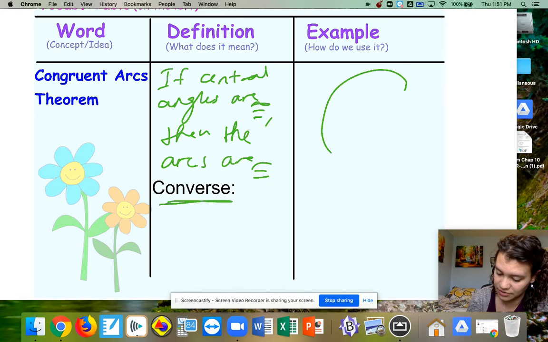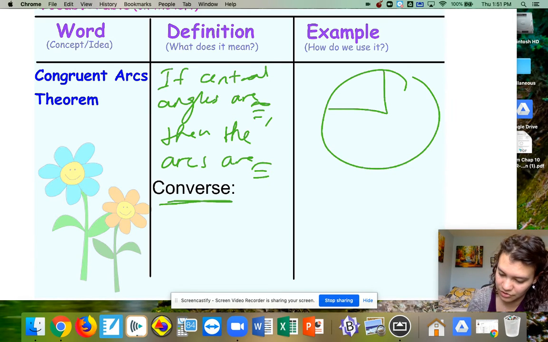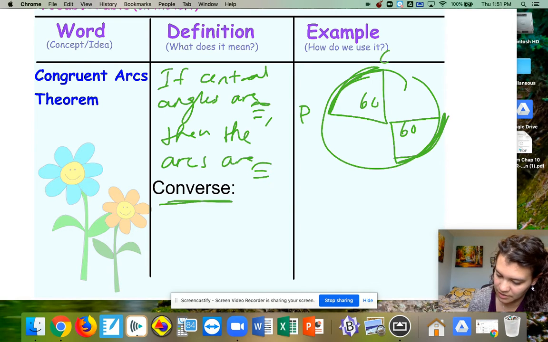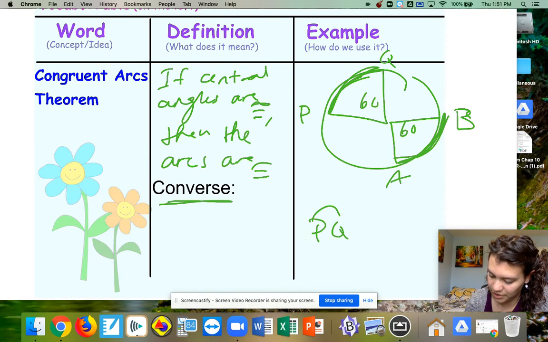So if I have a circle, I have this arc and this arc, and we say that this is 60 and this is 60. That means these two arcs also have to be the same. So let's call this P and Q, and A and B. We could say arc PQ has to be congruent to arc AB.